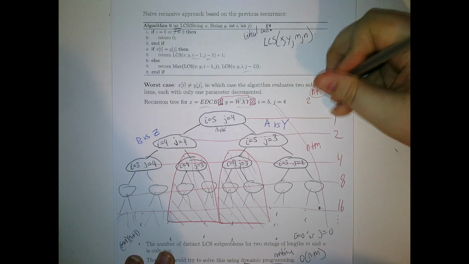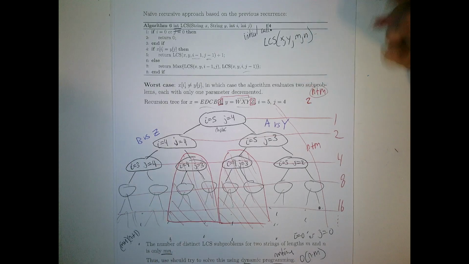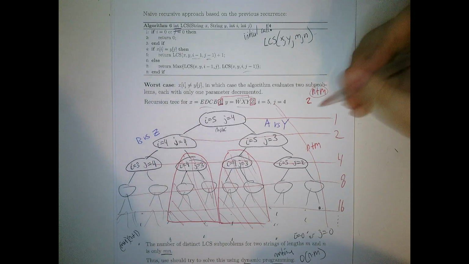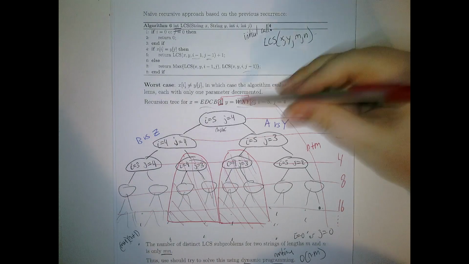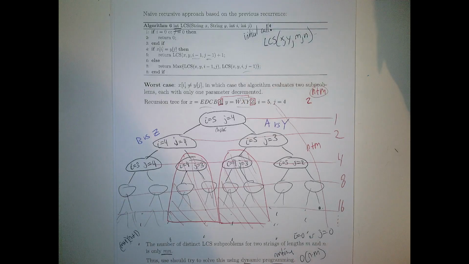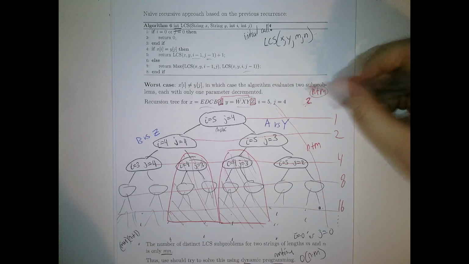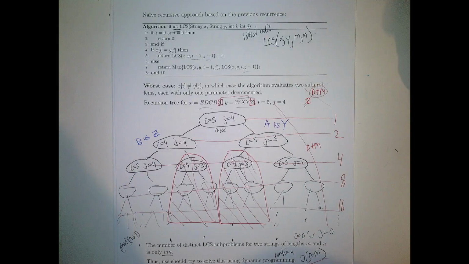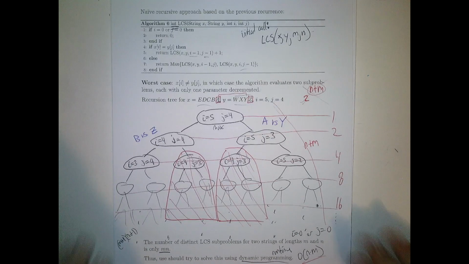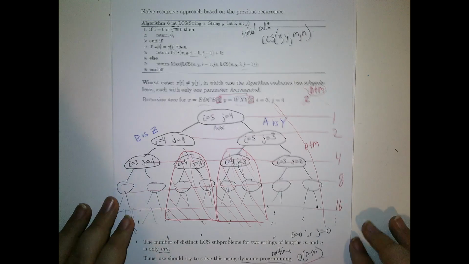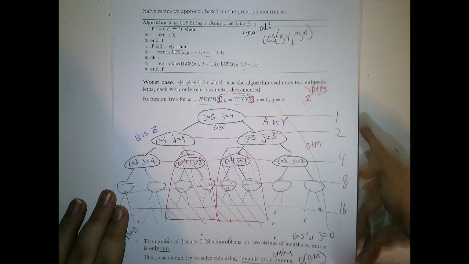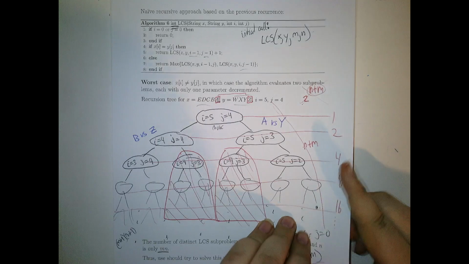So as a quick upper bound for the runtime of this one, it's like 2 to the power of the lengths of the arrays. So clearly not good, especially if we really can do it in n times m time, which is kind of like quadratic time. Okay, so let's try that out. Let's see what dynamic programming does for us that this doesn't.